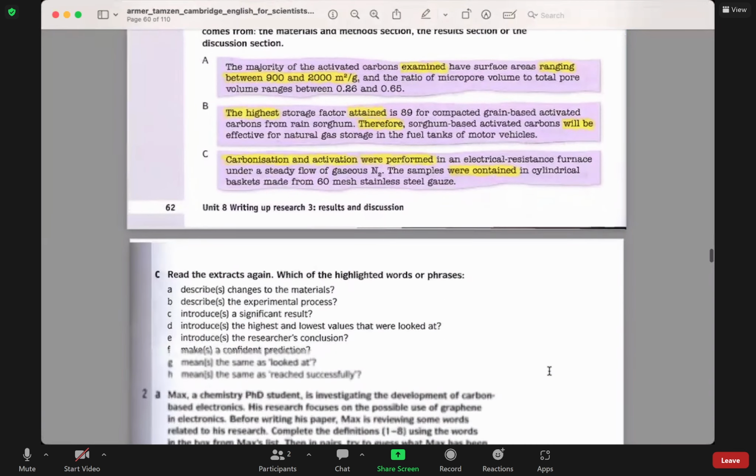Okay, and also here we have highlighted words, and there are some extracts. Which highlighted words or phrases can describe these extracts? What describes changes to the materials? Which word might be used? Arranging between.